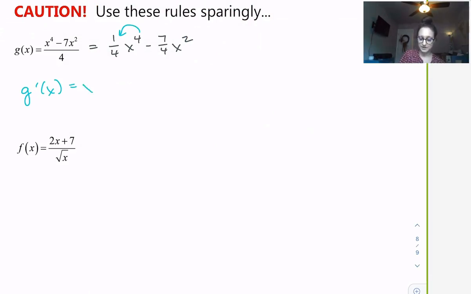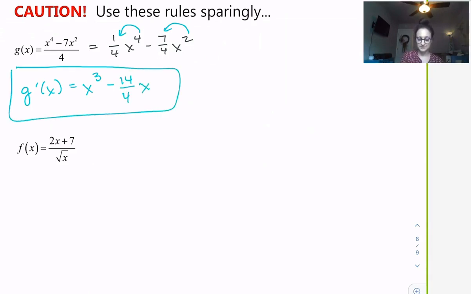So I've got x to the third minus, flying the 2 there, I've got 14 over 4, also known as 7 over 2, x, okay? And then I'm done, and I totally avoided quotient rule, okay?